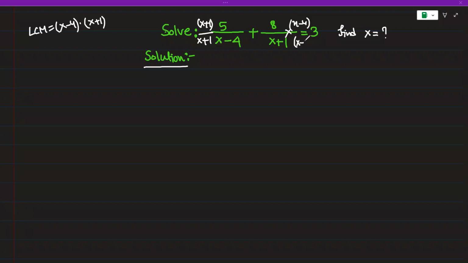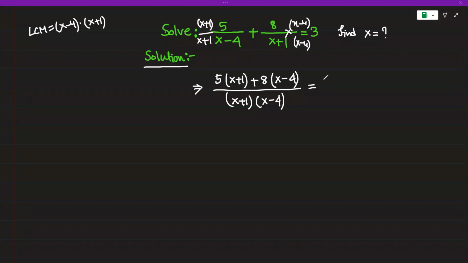So we get 5(x plus 1) plus 8(x minus 4) over (x plus 1) times (x minus 4) equals 3.